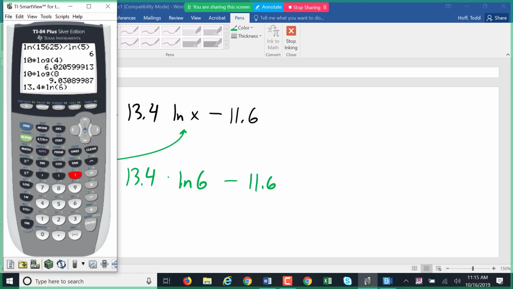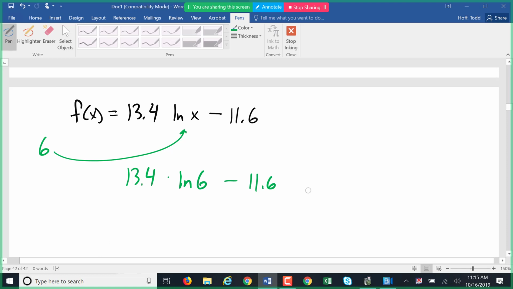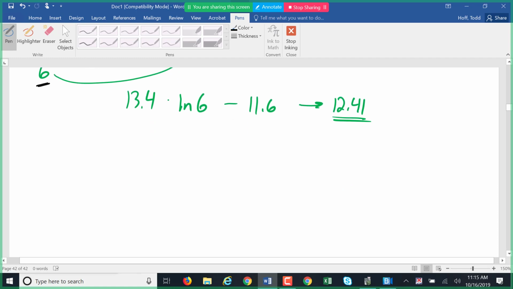Be sure to close our parentheses. Minus 11.6. We get 12.41 degrees. And that is true in a hot sun. In 6 minutes, a vehicle can go up by 12 degrees in just a 6-minute span.